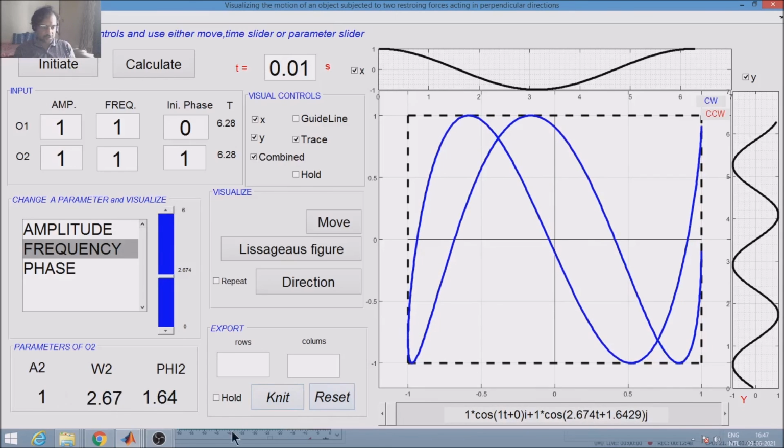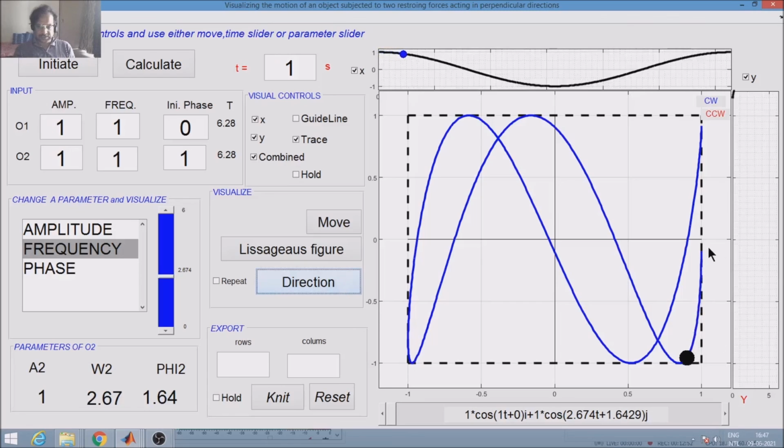So if it is 2.65, let us observe the motion. It starts here, but after the end of the time period, it would not come back to the same position, but it would go to some other position. Started here and it will end here.